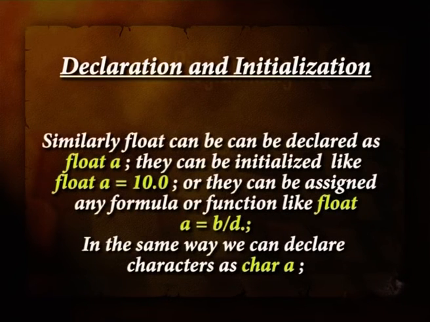Similarly, float can be declared as float a. They can be initialized like float a equal to 10.0, or they can be assigned any formula or function like float a equal to b slash d. In the same way, we can declare characters as char a.